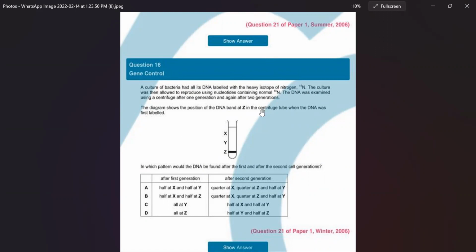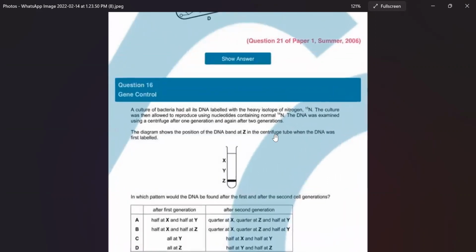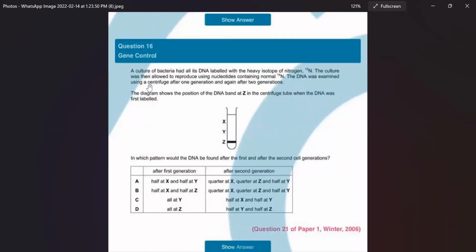They're not there just for you to look at and admire how wonderfully they write questions. Okay, the culture was then allowed to reproduce using nucleotides containing normal nitrogen. So the original culture had heavy isotope, and the new nucleotides had normal isotope.